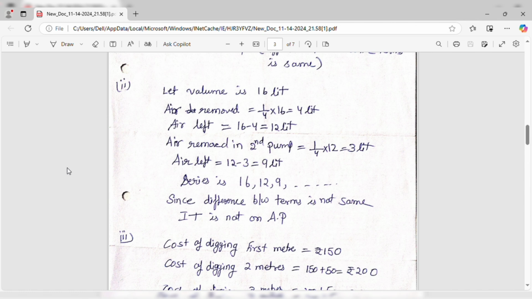Air left would be 12 liters. Then again when we pump, air removed in the second pump would be 1/4 of 12 liters, which is 3 liters. Now the air left is 9 liters. So the series formed is 16, 12, 9. It is not an AP since the difference between the consecutive terms is not the same.